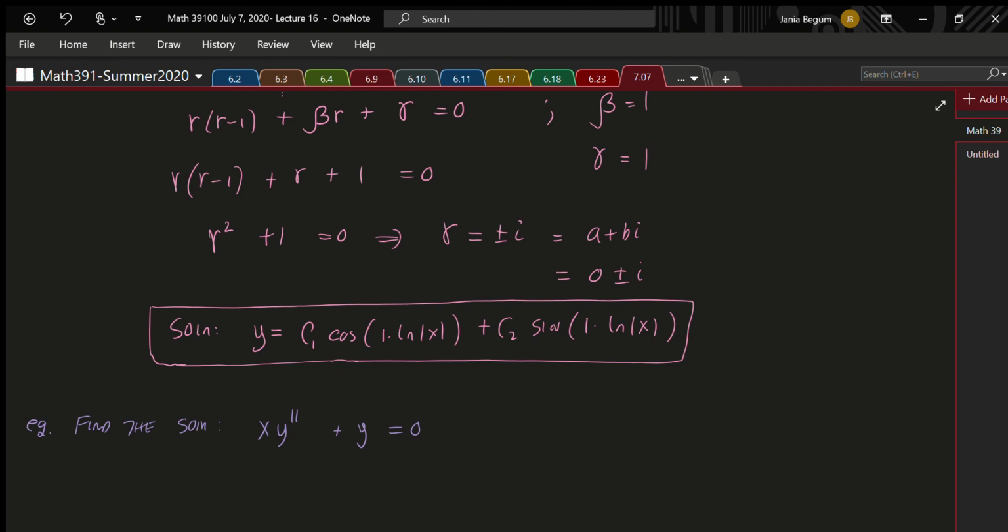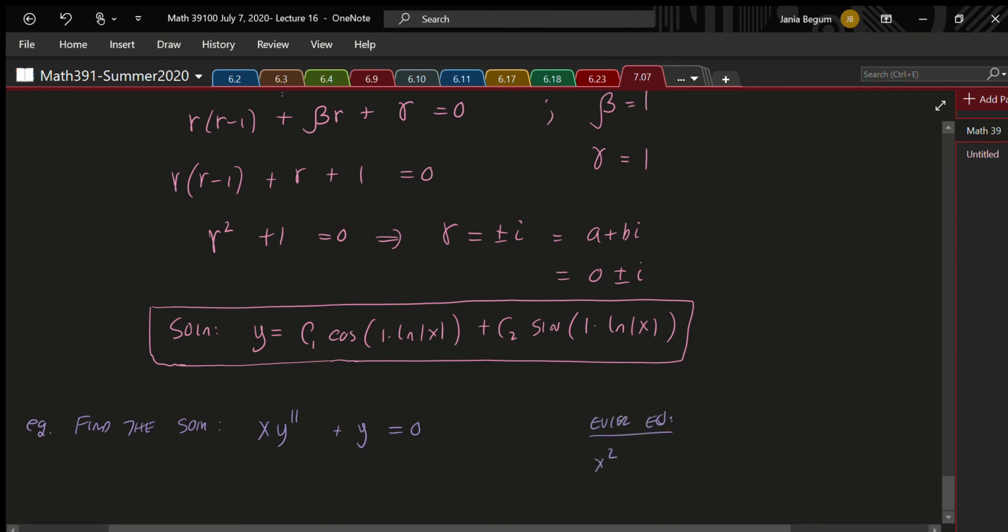Well, is it in the form? In order for it to be an Euler equation, we want x squared y double prime plus beta x y prime plus gamma y equals 0. We want that because that's what Euler's form is in standard form. Does it look like that?